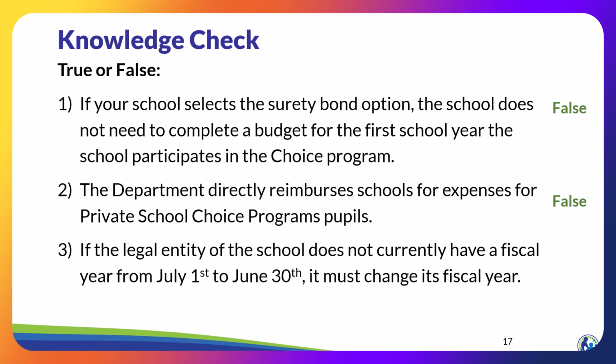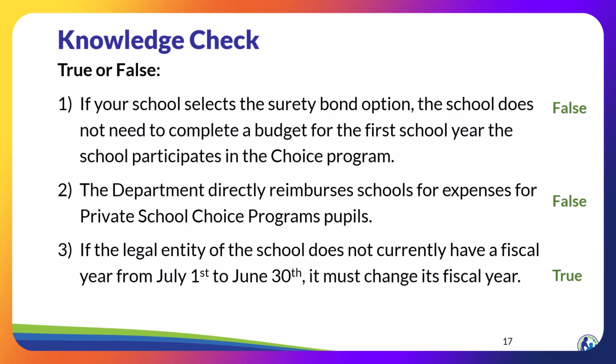The difference between these two amounts is known as the choice program reserve balance. If the school has received more money from the choice program than they have spent on eligible education expenses, they must maintain that amount for future eligible choice program expenses.